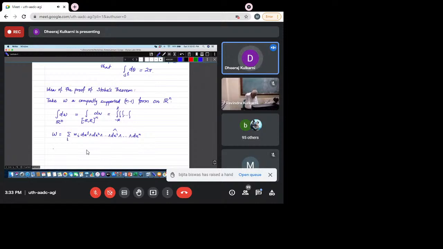You take d of that form, it will be the summation over i and j. I'll directly write down the expression. So d omega is the partial of omega i with respect to xj, dx1 wedge dx2. So this remains as it is.